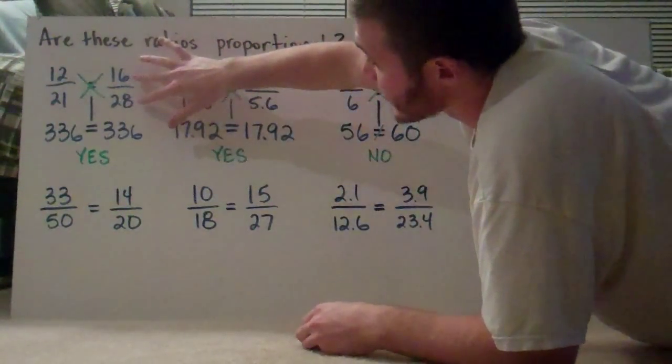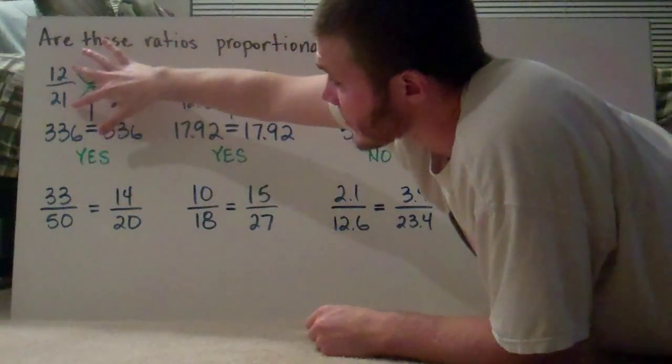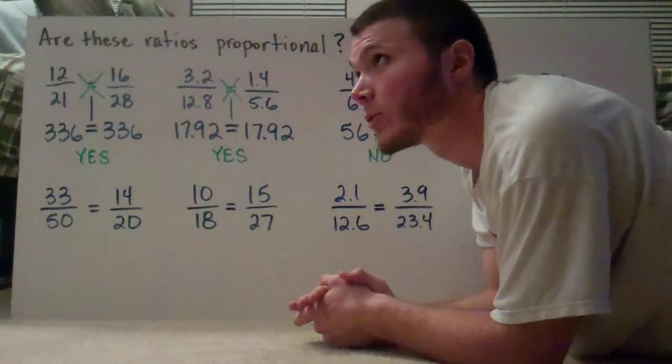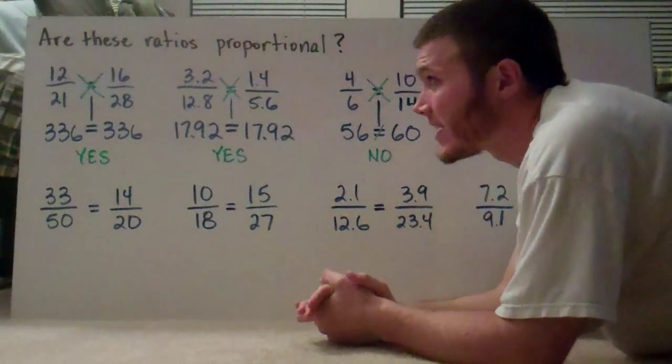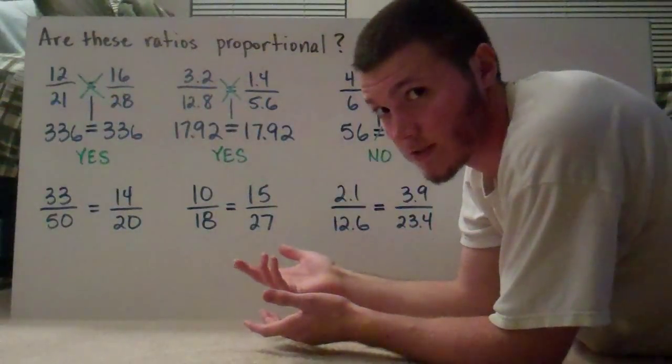And if you actually reduced these two ratios as much as possible, you could simplify 12 over 21 into 4/7, and you could simplify 16 over 28 into 4/7. And you guys know that 4/7 equals 4/7.